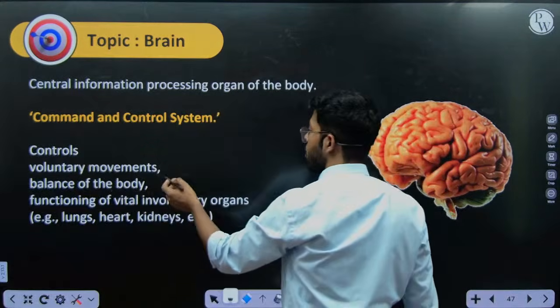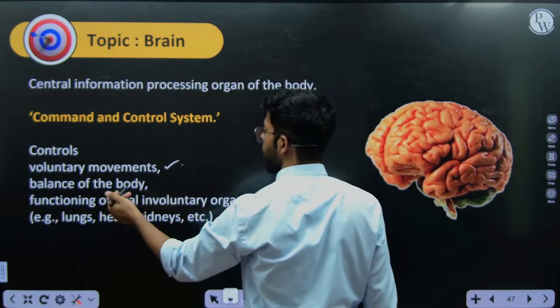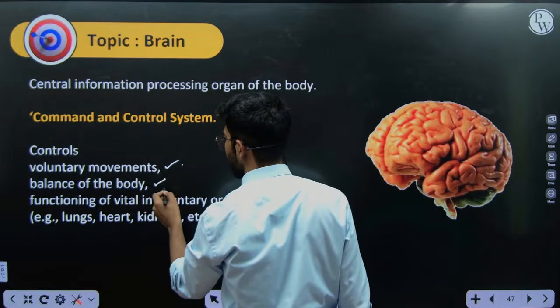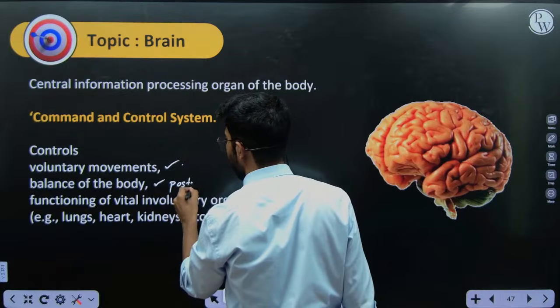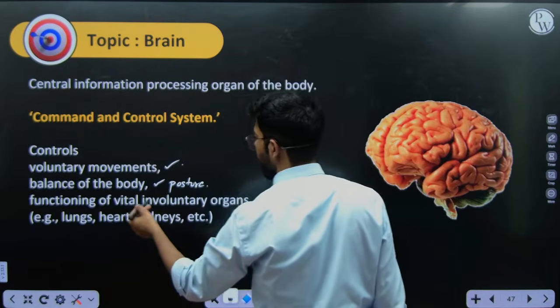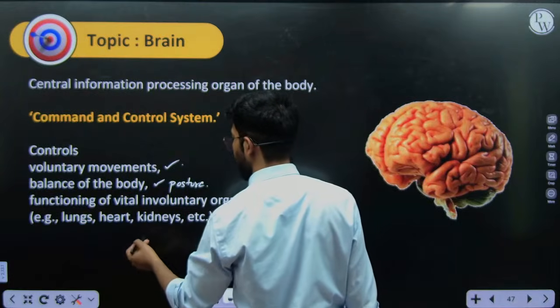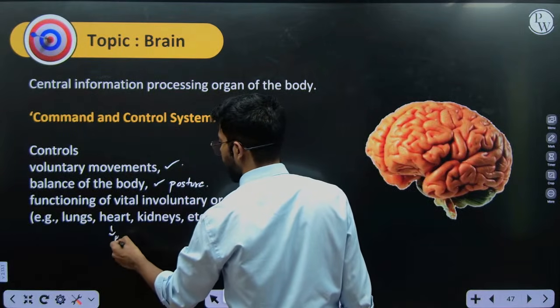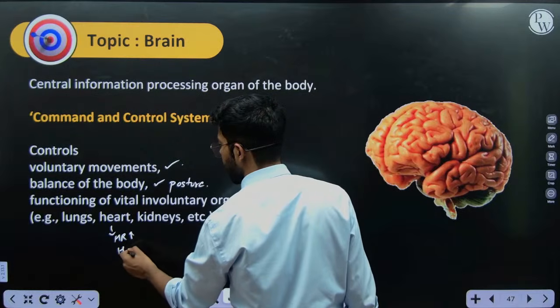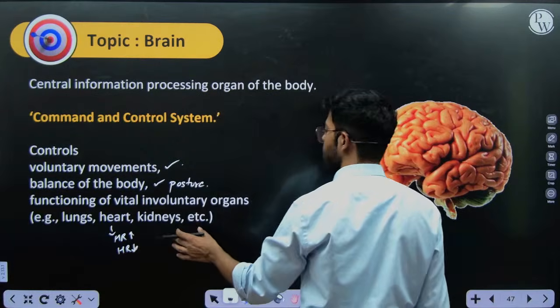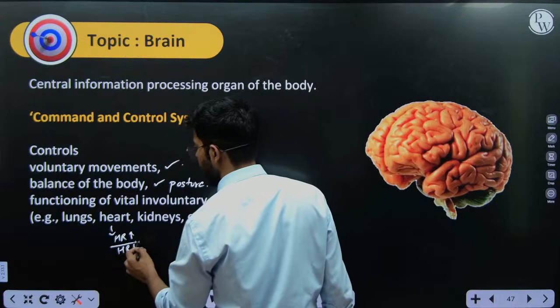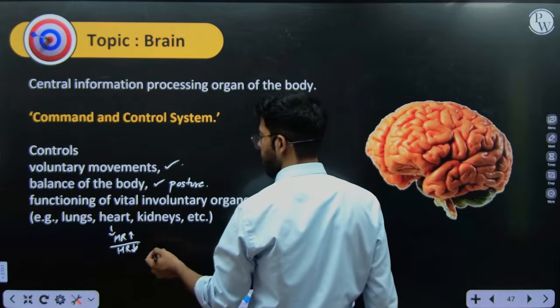So it controls the voluntary movement, right? Balance of the body, that is posture, also functioning of vital involuntary organs, that is lungs, heart, kidneys, heart rate. From the autonomic nervous system, the heart rate can be increased, decreased.